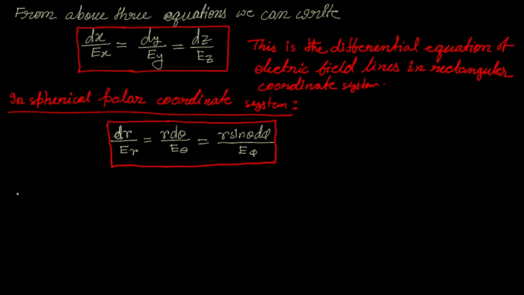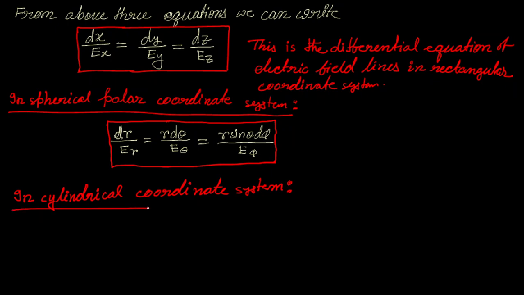And if we want to write the electric field lines in cylindrical coordinate system, what are the three variables? Rho, phi, z.